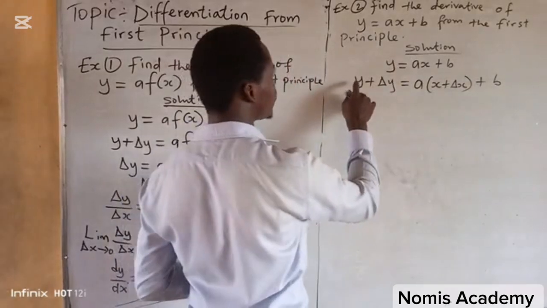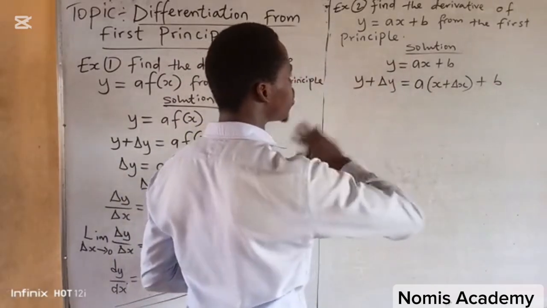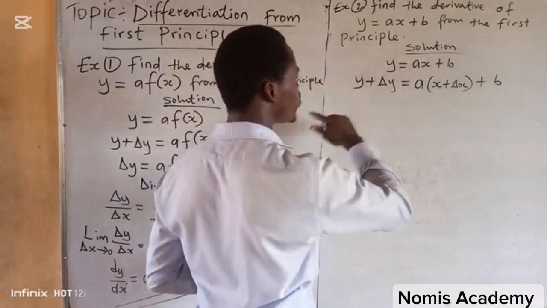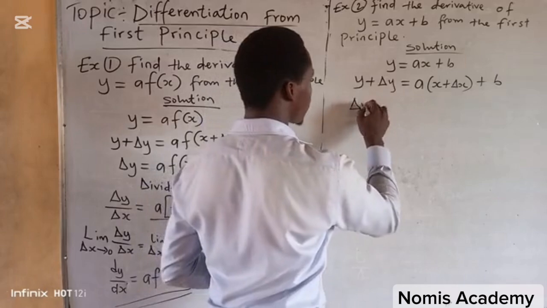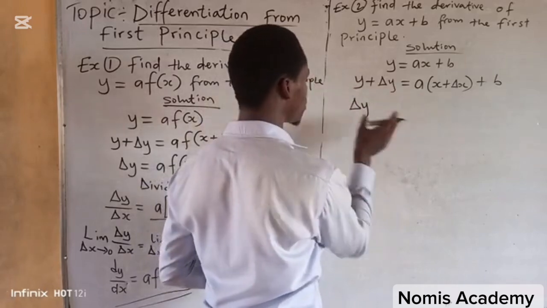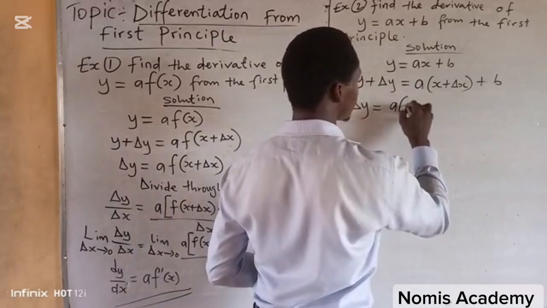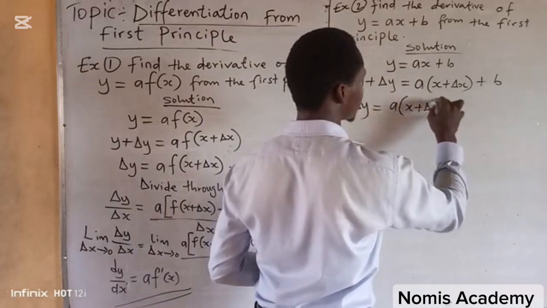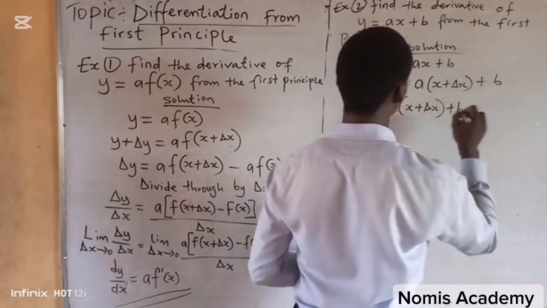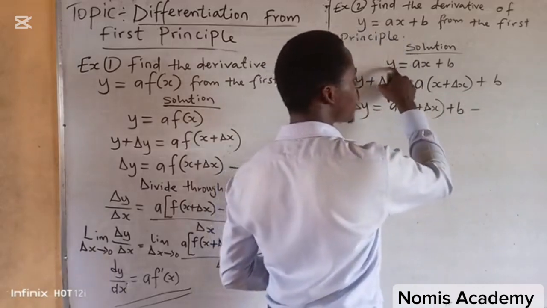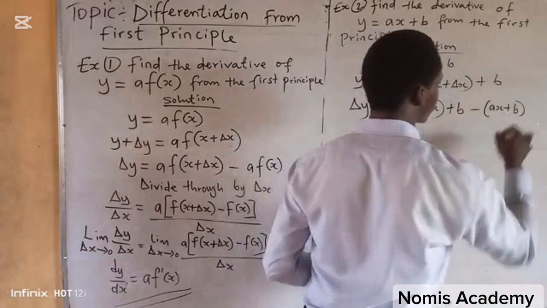So we are going to move y to the other side, or we subtract y from both sides, and when you do that, you get delta y. Y minus y is 0, so we have delta y equal to a into x plus delta x plus b minus y. What is the value of y? Y value is ax plus b.